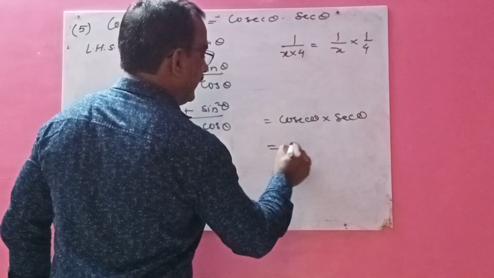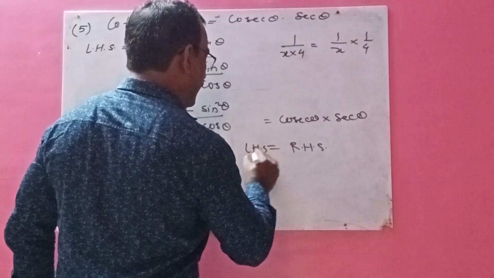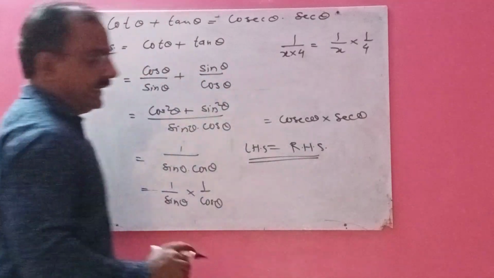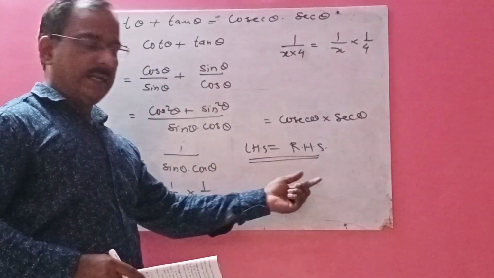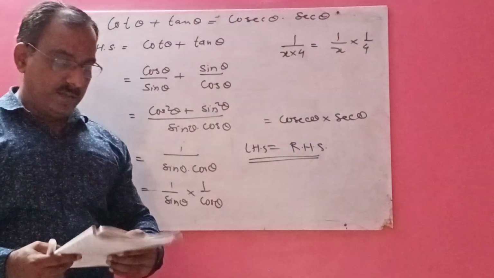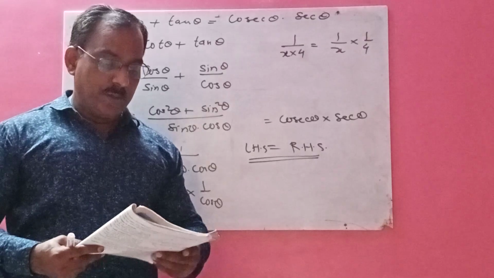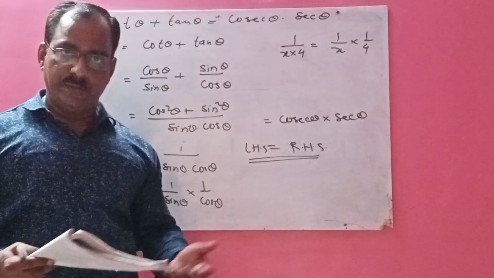See your right hand side. So left hand side is equal to right hand side. Again you write your problem and write hence proved. So children, now here I have done 5 sums from 6.1. I will continue the rest of the questions in my next video.